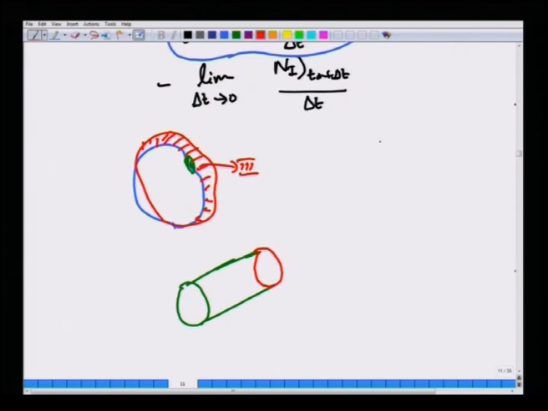If you consider the CV to be like this, if the fluid is purely tangentially moving on the surface, there cannot be any motion in this direction. But if there is a normal motion, if at a point the velocity is like this, then there will be a component that is moving in this direction. That means that the system will change its location at a later time by that amount.